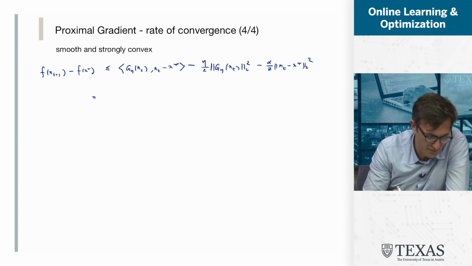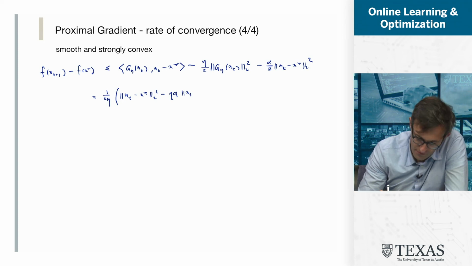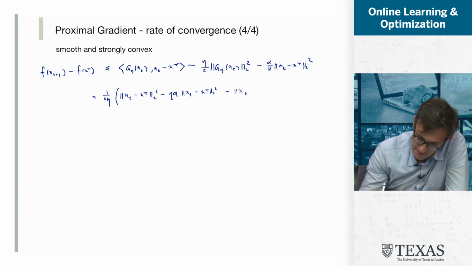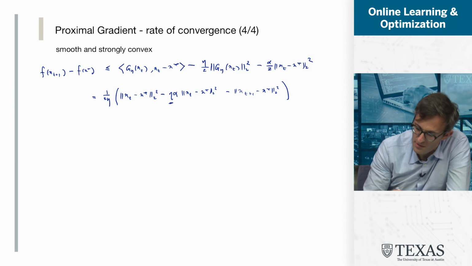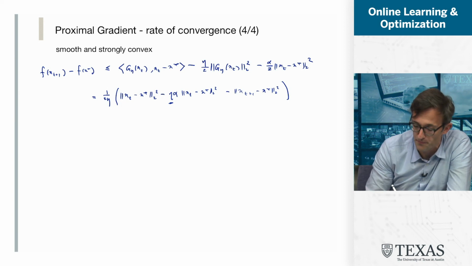Again, playing the same tricks as before, this is equal to 1 over 2 eta times xt minus x star squared minus eta alpha times xt minus x star squared minus xt plus 1 minus x star squared. Where did this eta come from? I had alpha over 2, but I brought it inside the parentheses. I'm dividing by 1 over 2 eta.